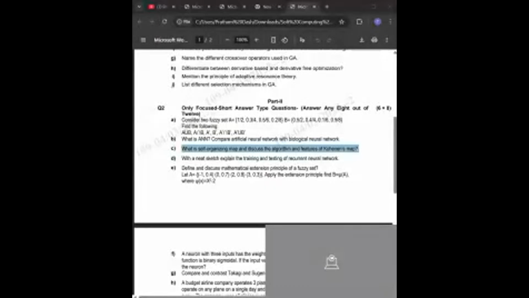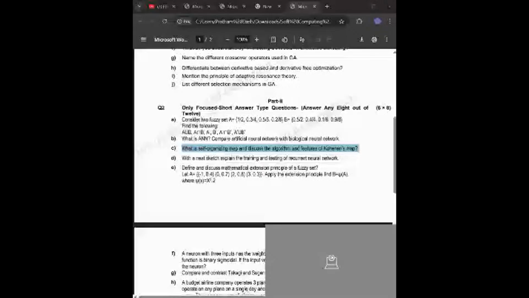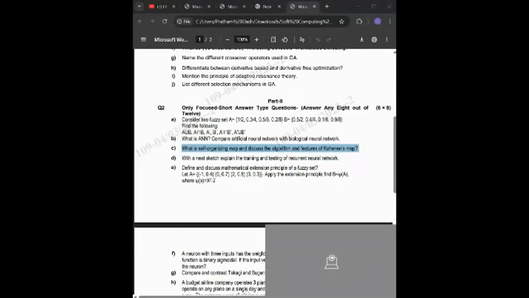Oh, self-organizing. Coherence map. Clustering and visualization of high dimension.